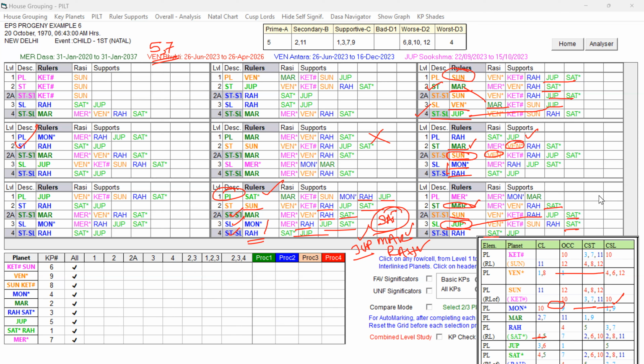So if you calculate nine months from that Mercury Bhukti, Mercury Antra, actually the Venus Antra is falling. In Saturn Dasa, Mercury Bhukti, Venus Antra, during the Venus Antra only the delivery time for the second child was falling.